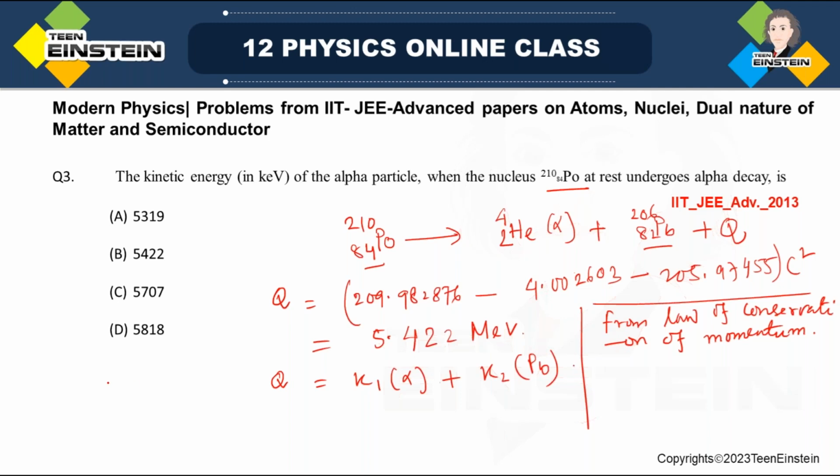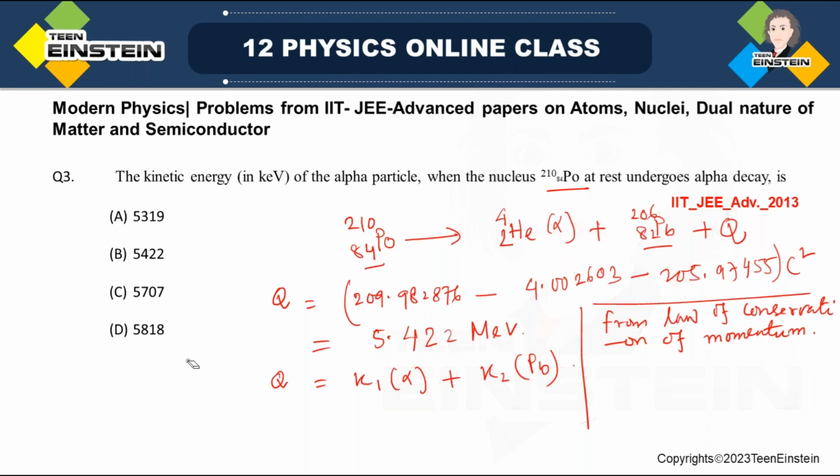That means if the alpha particle goes in this way with some linear momentum, say P1, then the daughter nucleus will recoil with the same momentum in the opposite direction, so that momentum conservation is satisfied. So that is what happens.